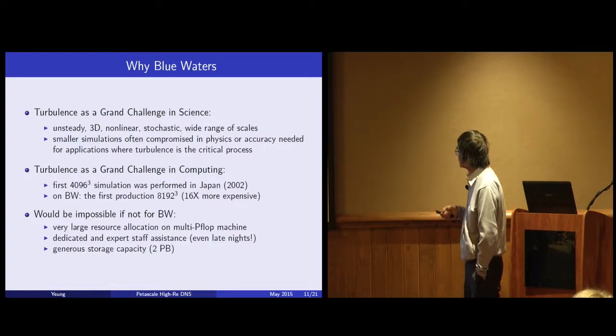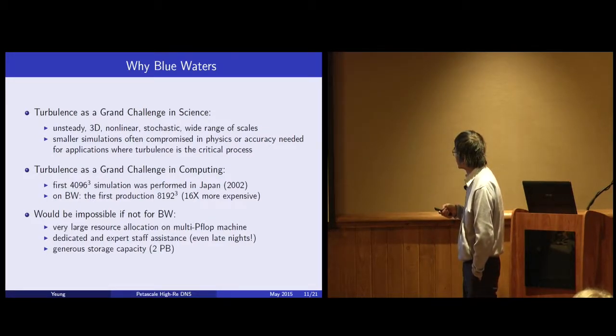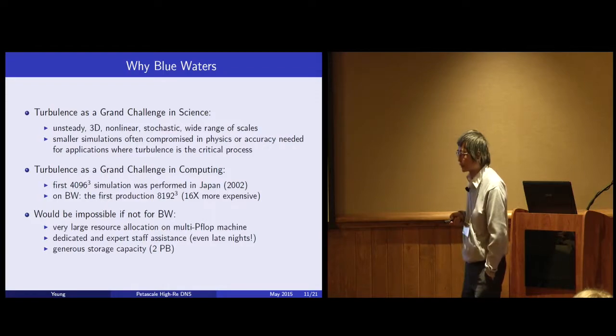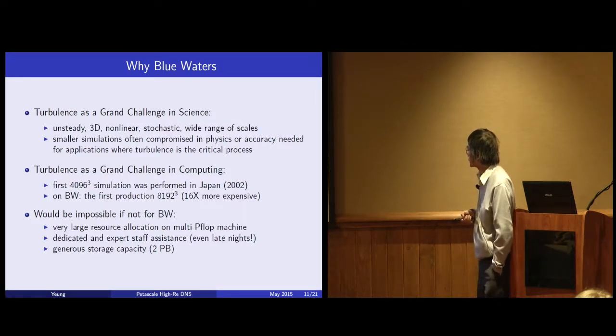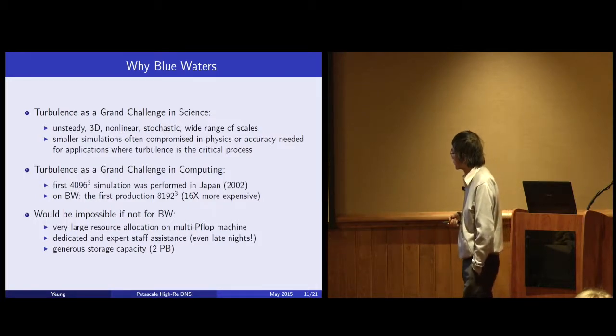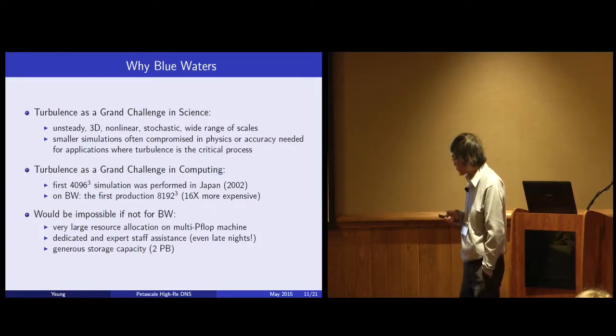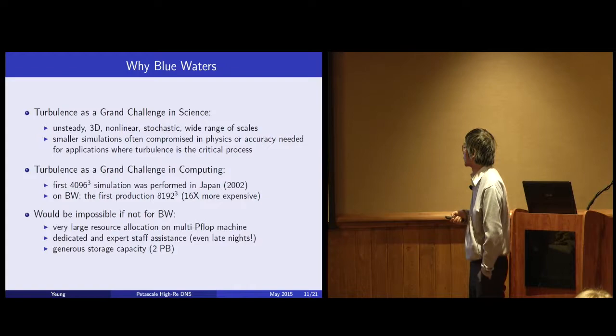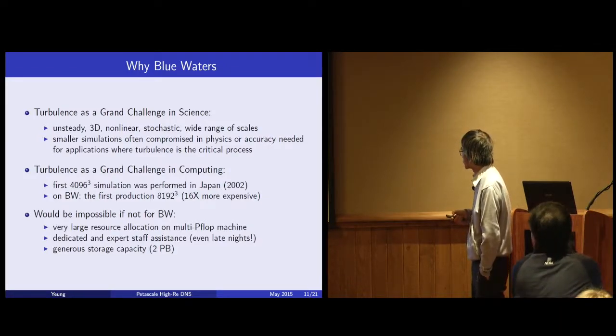And there are many simulations in the past which have been compromised in some sense in the Reynolds number, in the accuracy, or in the resolution. And turbulence is very important to get a better handle on the underlying story.